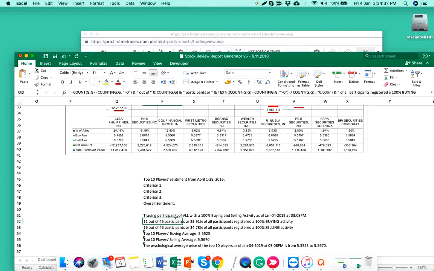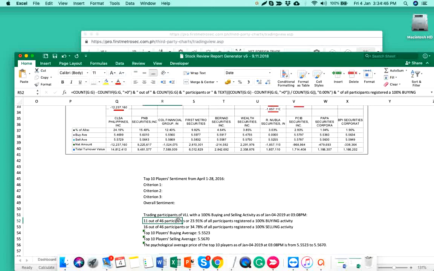There's a total of 46 participants or brokers who have traded VLL today. Out of those 46 participants, 11 registered 100% buying activity, meaning those 11 brokers did nothing but buy shares of VLL. Interestingly, 16 out of those 46 brokers registered, on the contrary, 100% selling activity.